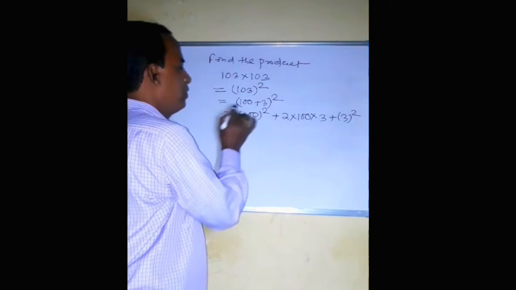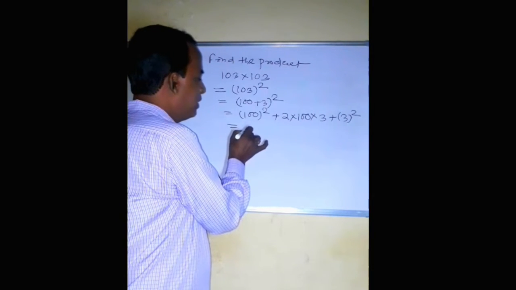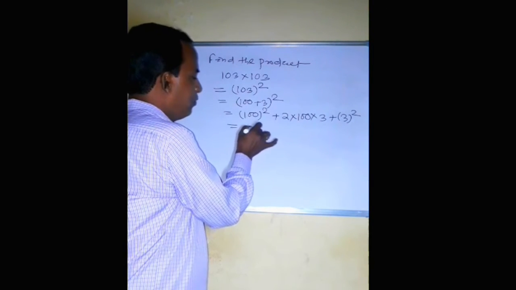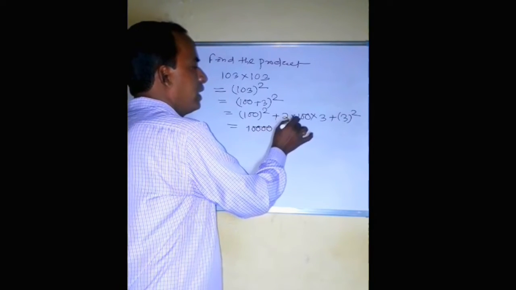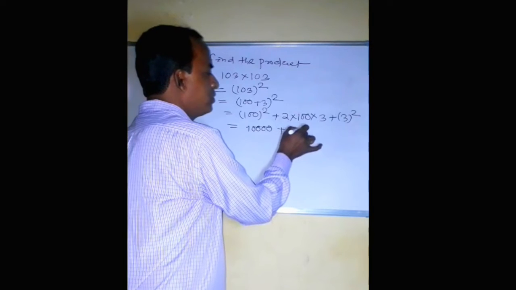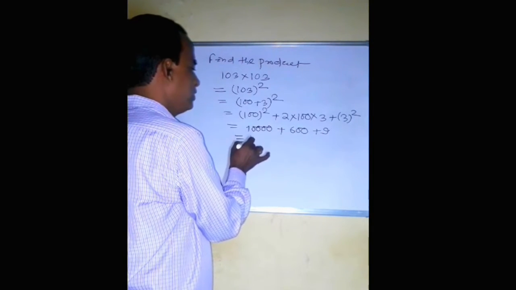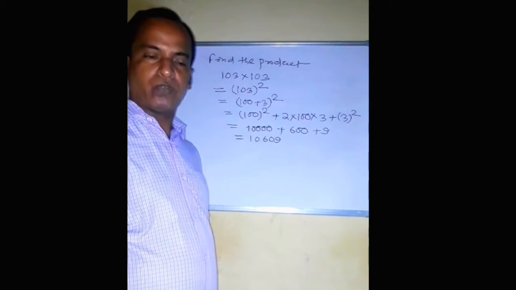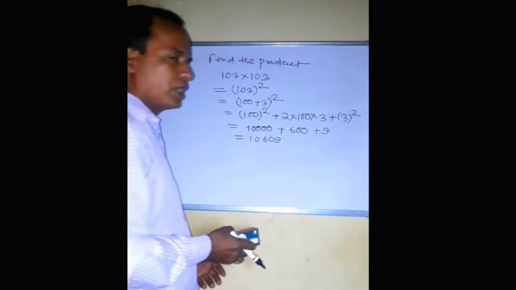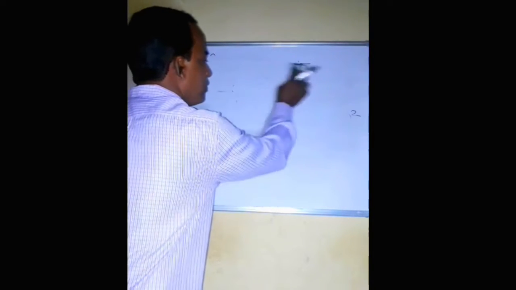So that's equal to 1 followed by double zero, in square will be 1 followed by four zeros, that is 10000, plus 2 into 1 into 3 is 6, then double zero, 600, plus 9, then add it: 10609. So this is the square. By applying (a plus b) whole square, this is the result. That means the product of some numbers can be found out.